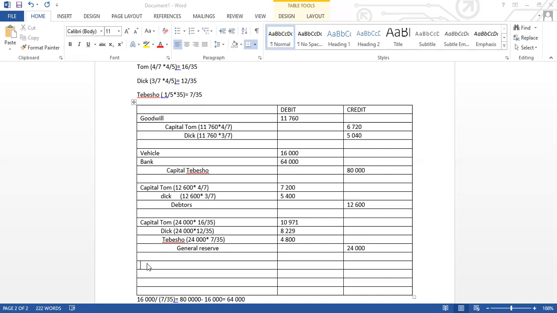Whenever you want to get your total contribution or your total goodwill, you take your goodwill amount, which is 11,760, and then you divide it by his total interest. He bought interest of 1/5. Therefore, his total goodwill will be 58,800. Are we together?